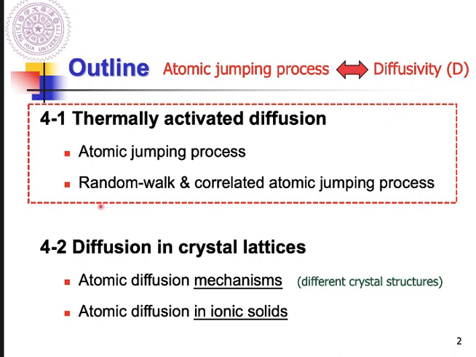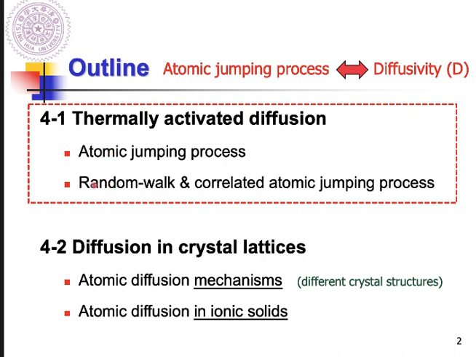Random walk means the atoms can move anywhere, right? So if you have a doped material and the dopants are located at interstitial sites, when you apply, no matter whether it's a temperature gradient or electrical field, these interstitials move through interstitial sites.